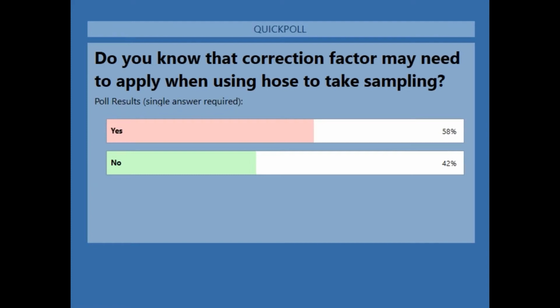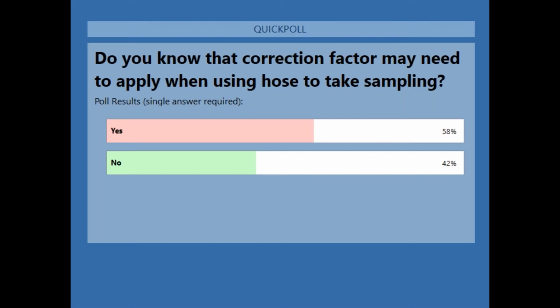So thank you everyone for participating in this poll question. There's no right or wrong answer to this question itself. So yes, you need to apply a correction factor when using the hose to take sampling. Why? If you're using a manual pump, you are required to apply a correction factor when using a hose of 10 meters and above.